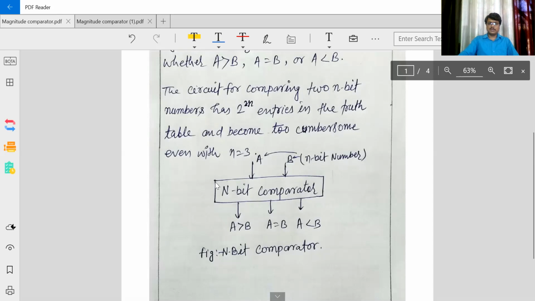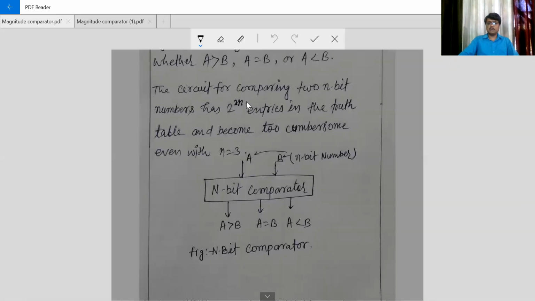So if this is a magnitude comparator and here this is A and here this is B, n inputs will be from A and n inputs will be from B. So a total of 2n inputs will be there. If 2n inputs are there, how many entries in the truth table will there be? 2 to the power number of inputs.